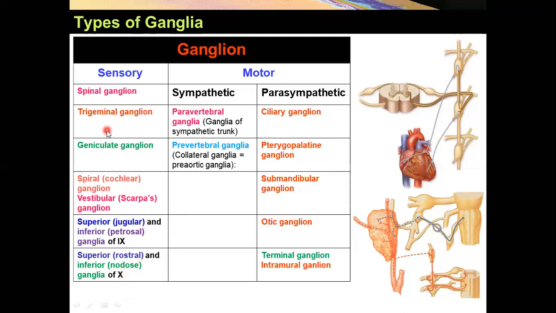Inside the sensory ganglia, there are the cell bodies of the sensory neurons.